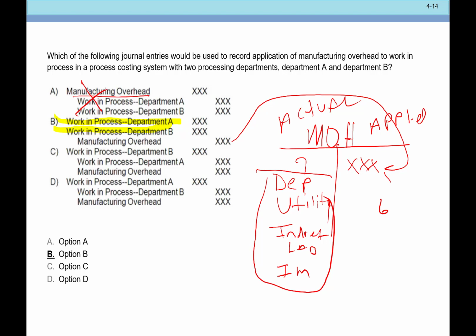So we would debit manufacturing overhead for indirect labor and credit what? Good, I would credit salaries payable, right? If it was indirect labor.